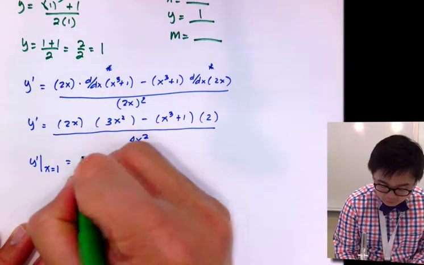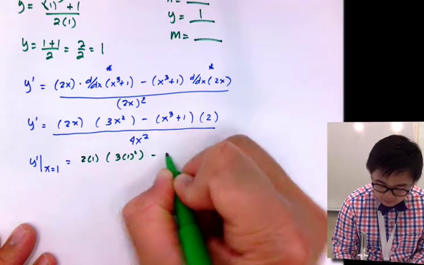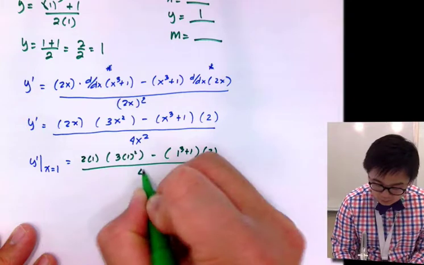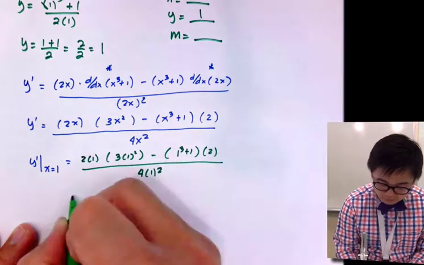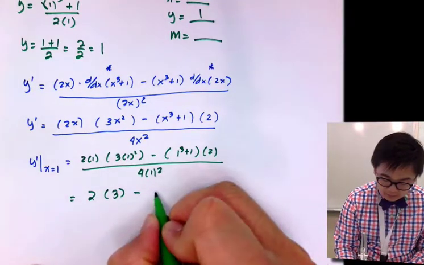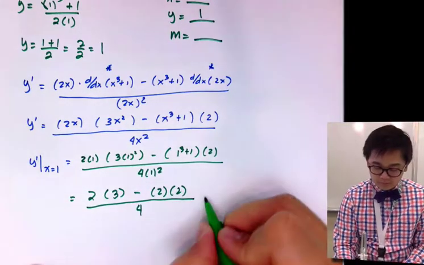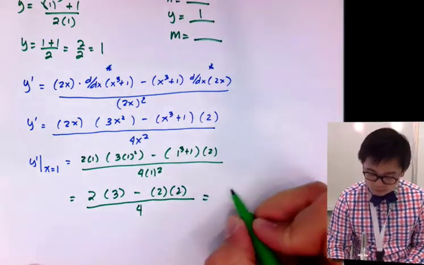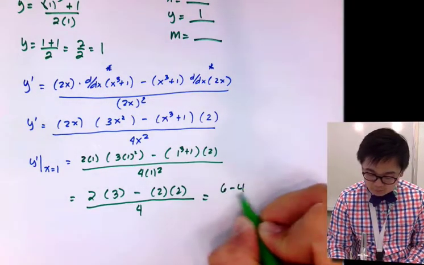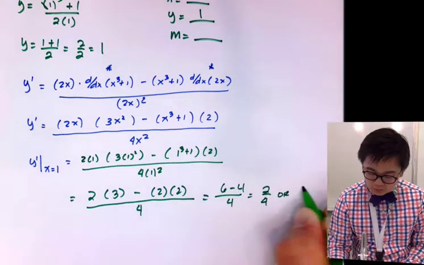So we'll have 2 times 1 multiplied by 3 times 1 squared minus 1 cubed plus 1 times 2 all over 4 times 1 squared, which will give us 2 times 3 minus 2 times 2 all over 4. And by simplifying this, we'll be able to find the value of the slope. So we'll have 6 minus 4 all over 4, which is 2 over 4, or 1/2.